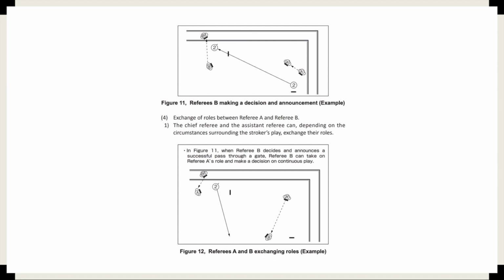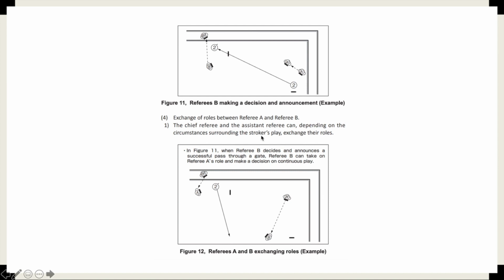The assistant referee is always assisting the chief referee in finding where the next player is. After all, it is the assistant referee's responsibility to indicate to the chief referee where the next ball in the playing order is, so that they don't have to run around and look for it and waste time.